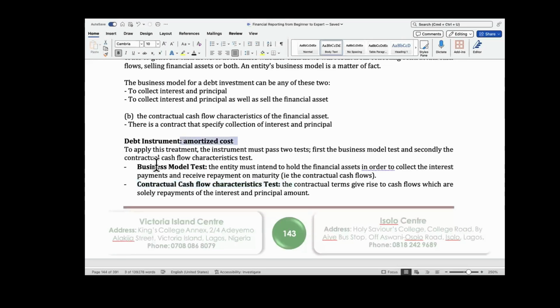But the major thing you need to keep in mind is this business model test, saying that your intention is that you want to collect solely interest and principal. This one is a given. Of course, you can mention it in the exam that there must be a contract that shows that you collect interest and principal. Okay, that's amortized cost.